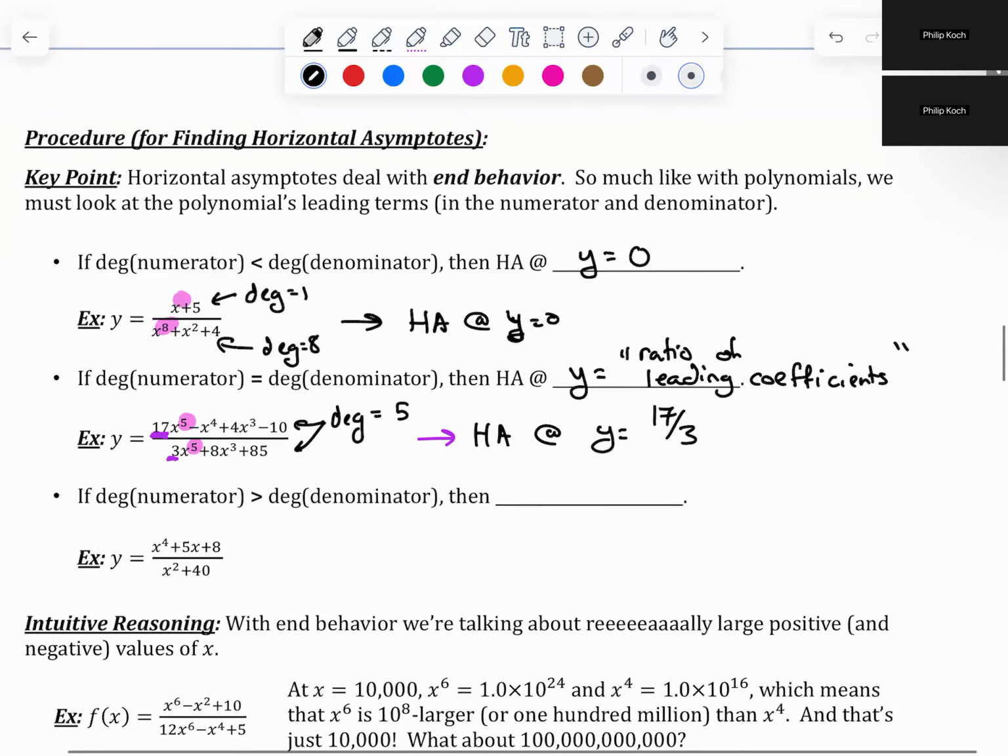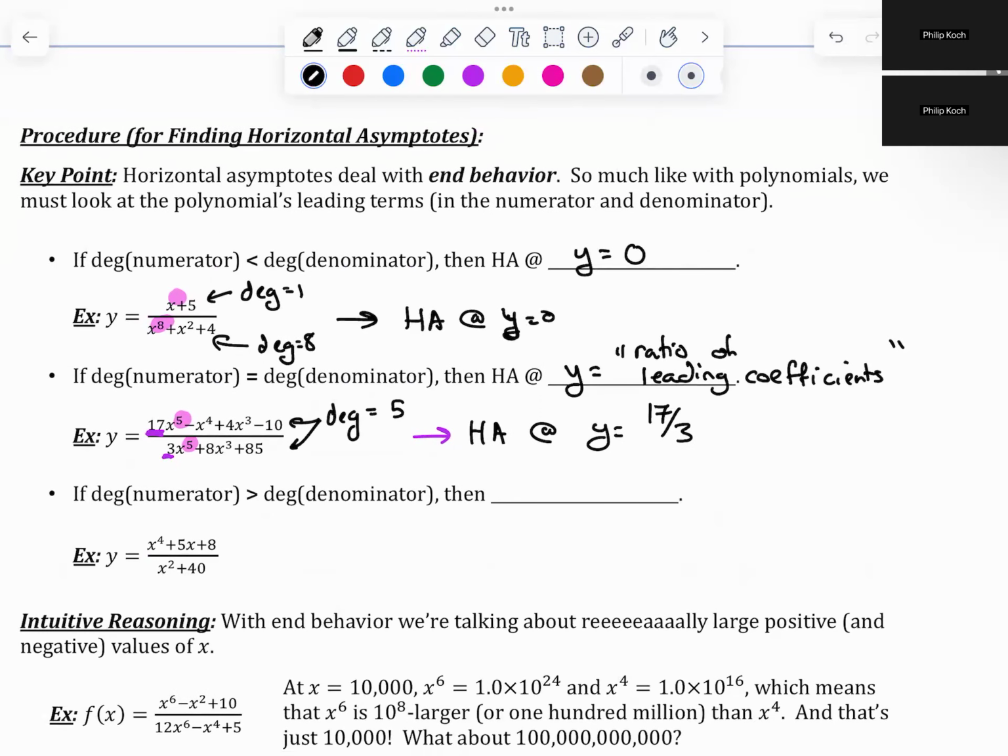And then last but not least, if the degree of the numerator is larger than the degree of the denominator, then there is no horizontal asymptote. So looking at this example that's provided, it's a degree 4 over a degree 2.